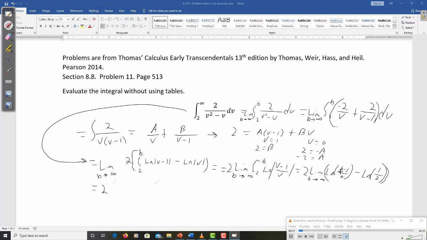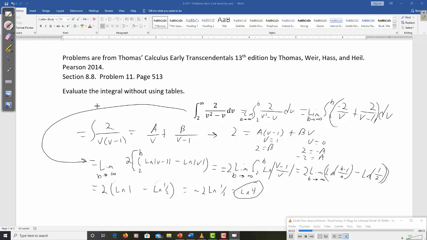The inside's going to go to 1, so that's going to be 2 times the ln of 1 minus the ln of 1/2. Oh. There we go. ln of 1 is 0, so this is negative 2 ln of 1/2, which I'm just going to simplify to ln of 4. So that's the answer.